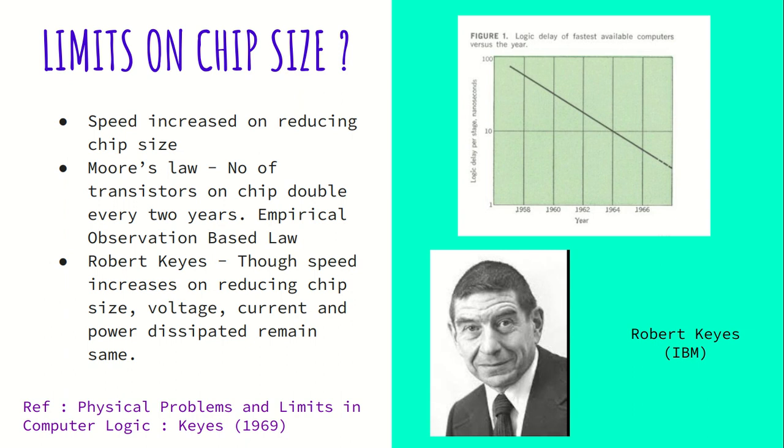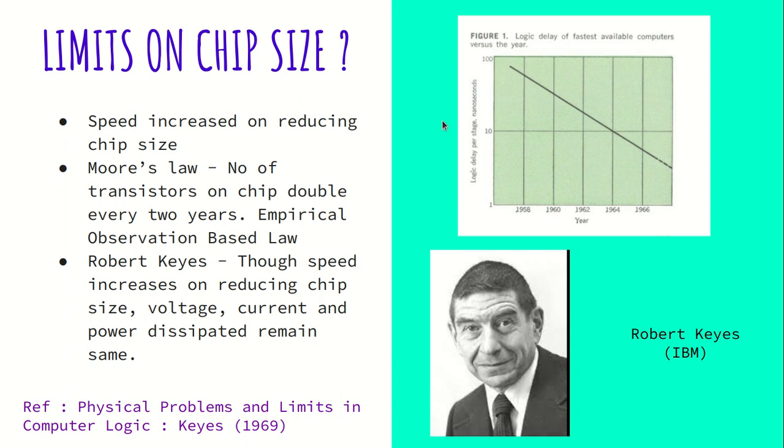He describes extremely beautifully in his paper Physical Problems and Limits in Computer Logic in 1969 that the power dissipated in a chip having input impedance Z0 is essentially (KT/Q)² / Z0. And KT/Q, from our elementary semiconductor physics, we know is the thermal voltage at any temperature T.